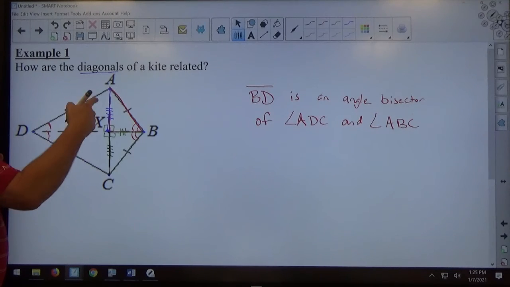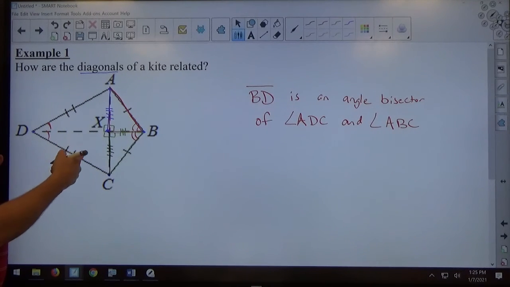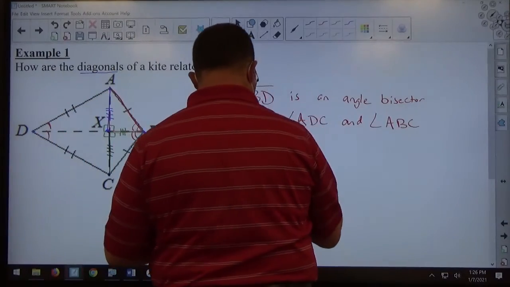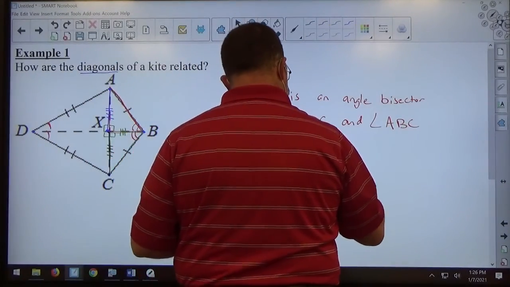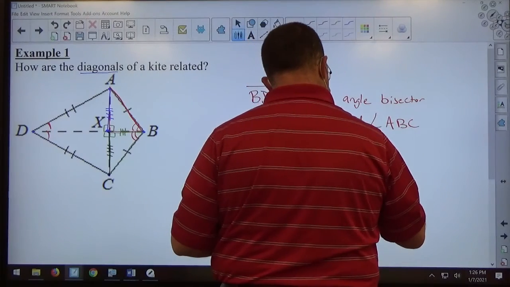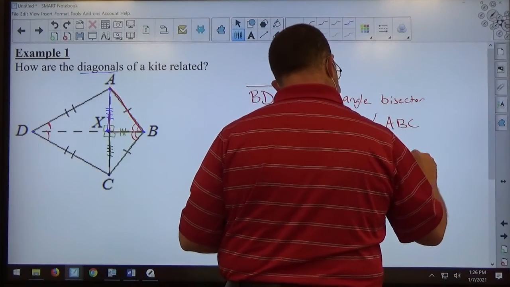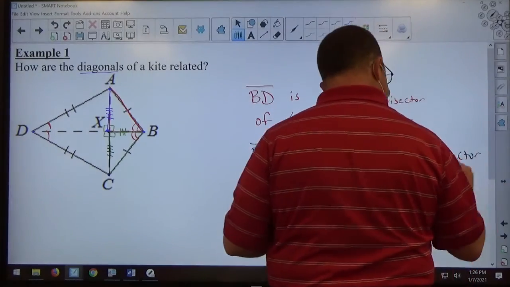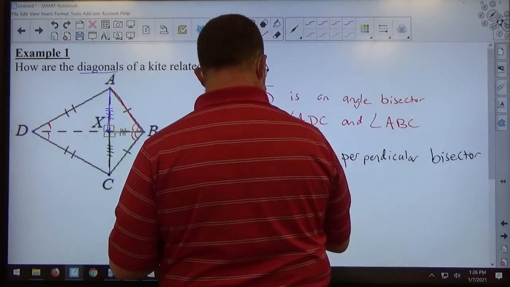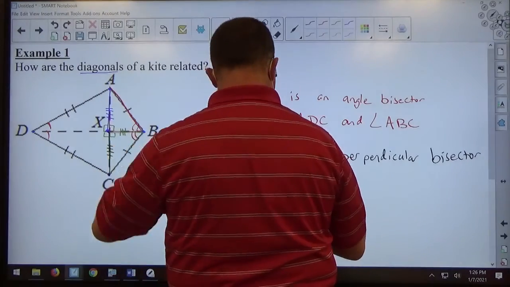So BD not only is perpendicular to AC, but it also cuts AC in half, which makes it a perpendicular bisector. So the other fact I know is that BD is the perpendicular bisector of AC.